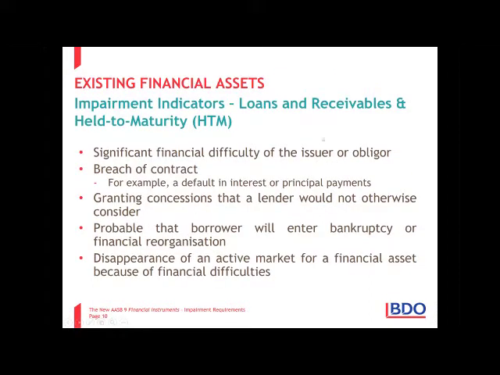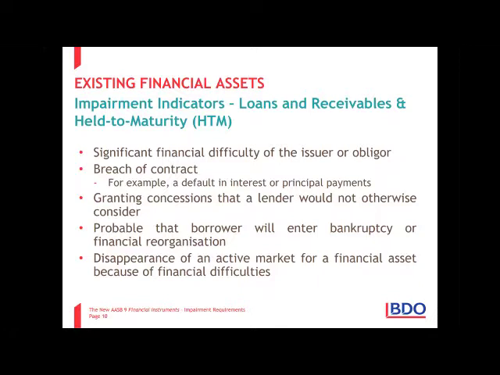So if we look at the impairment indicators for loans and receivables and held to maturity, the two categories that are at amortized cost currently, examples of impairment indicators are significant financial difficulty experienced by the client or the customer or the other party.